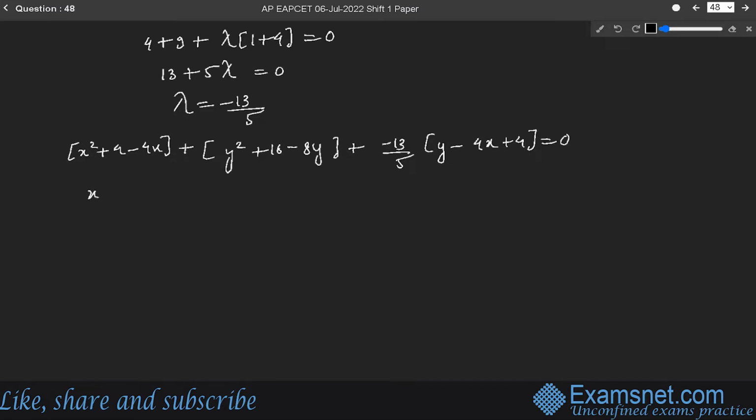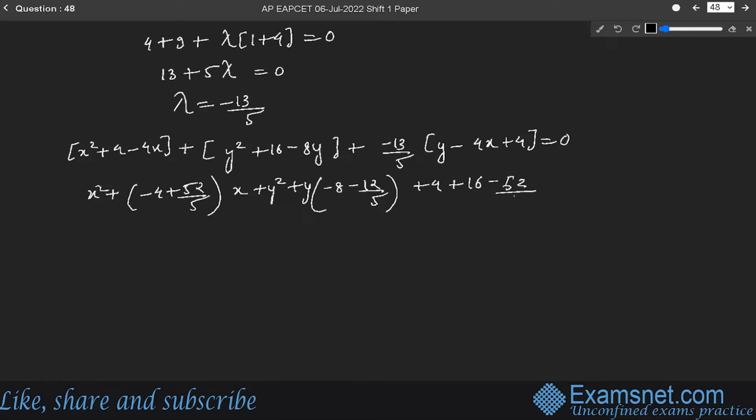So we can write it as x square plus minus 4 plus 52 upon 5 into x plus y square plus y into minus 8 minus 13 upon 5 plus 4 plus 16 minus 52 upon 5 is equal to 0.